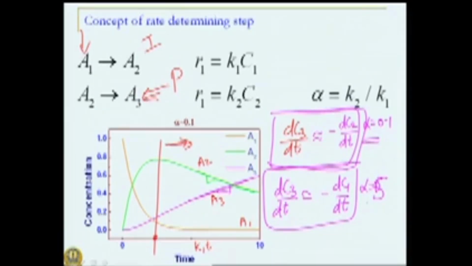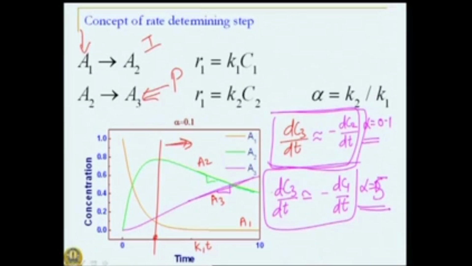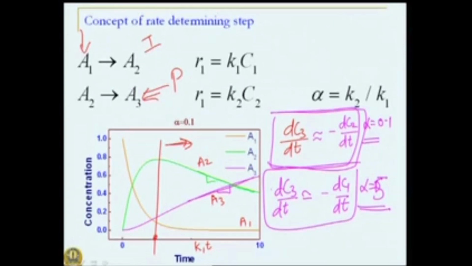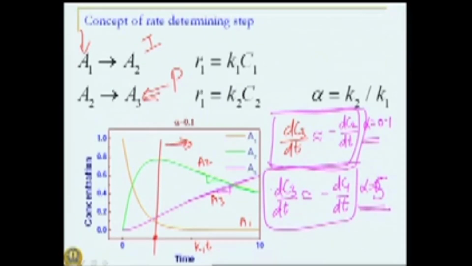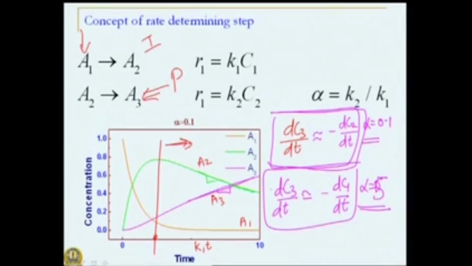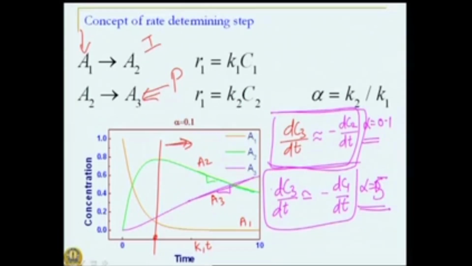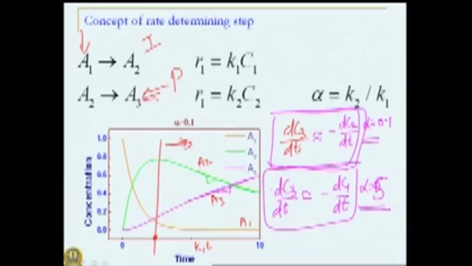If the first reaction is slow, as when alpha is 5, the rate is determined by the first reaction. Again, the idea is that there is a rate determining step which determines the rate of conversion to product, or the rate of formation of product.